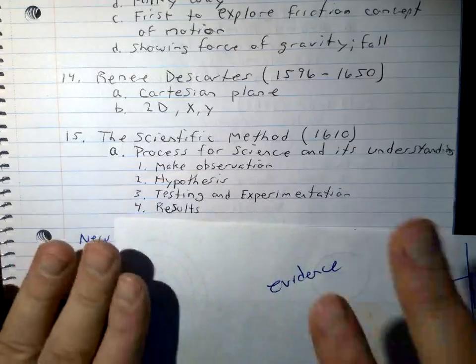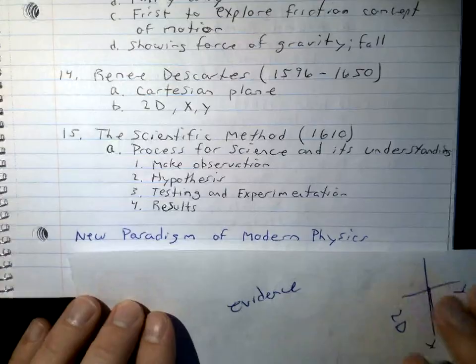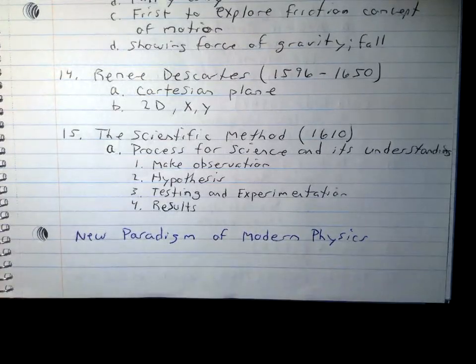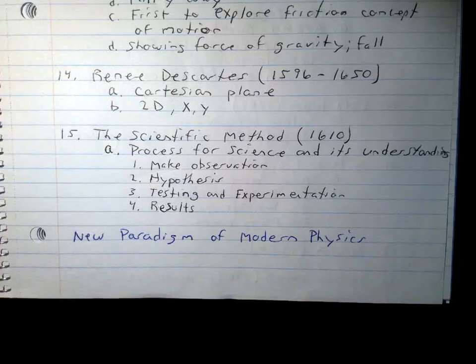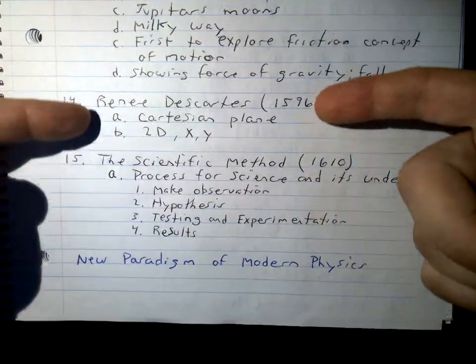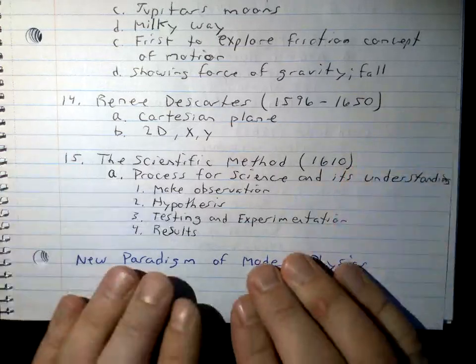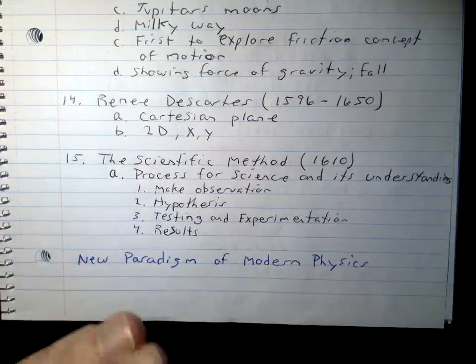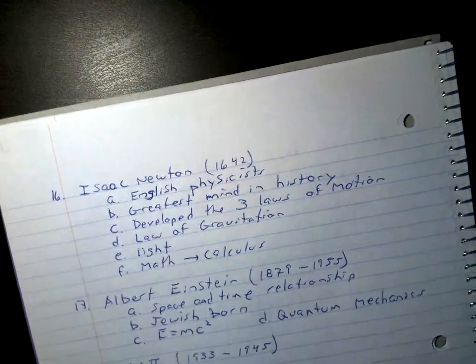But I'm not going to talk about the scientific method too much more after that. So now you have this new paradigm of modern physics being born. You can see there's a lot that happened here. It gave a catalyst to what we are doing today.